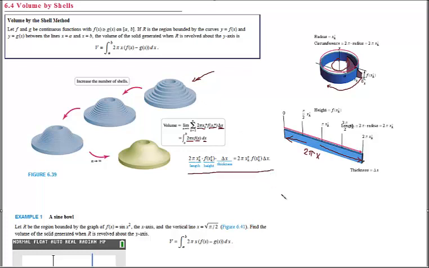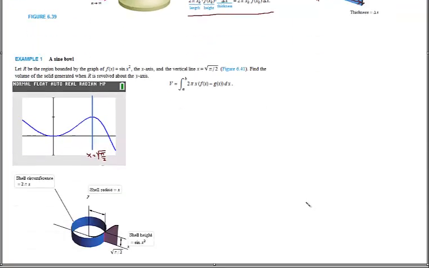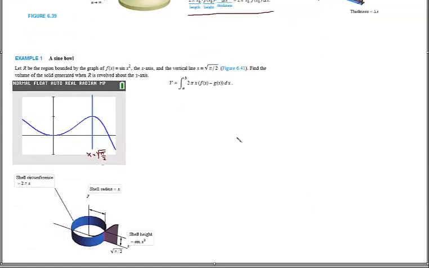And now let's try to work a problem with this. So what I did was I graphed this on my calculator. I graphed this, x equals pi over 2, and this is what it would look like if you were trying to graph it and figure it out. We're going to revolve this thing about the y-axis. So I'm going to erase this piece and this piece here, because I want to be looking at and imagining this solid wrapped about the y-axis.